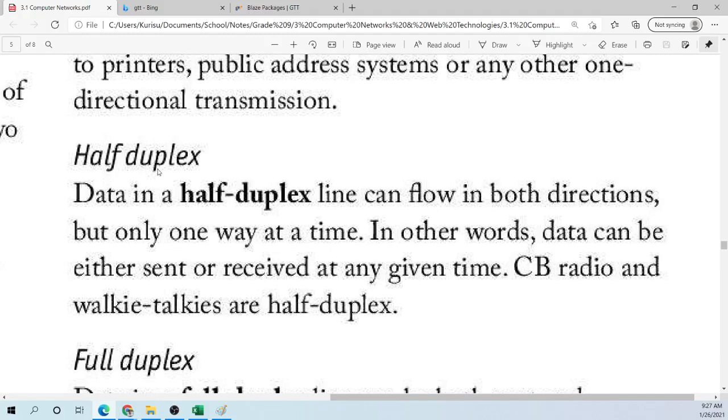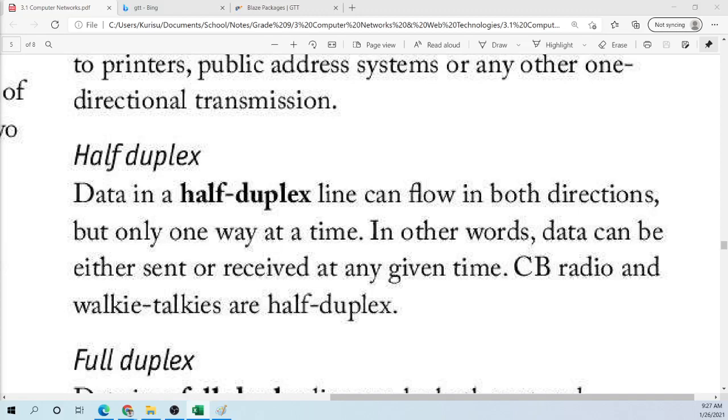Now half duplex is when you can send data in both directions, but you can only do so one way at a time. For example, a walkie-talkie. In order for you to use a walkie-talkie, only one person can speak and the other person has to listen.